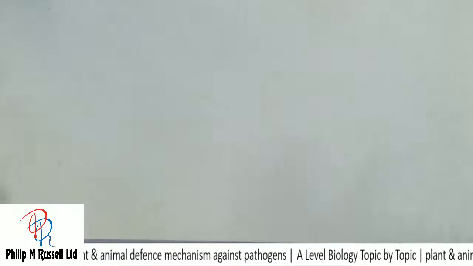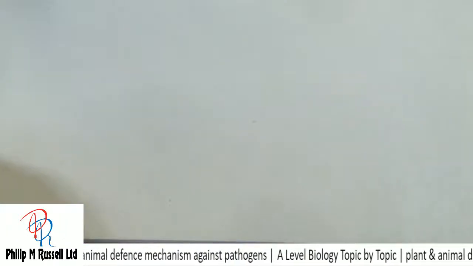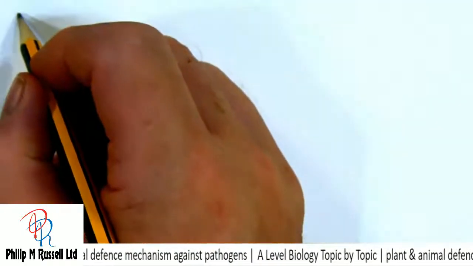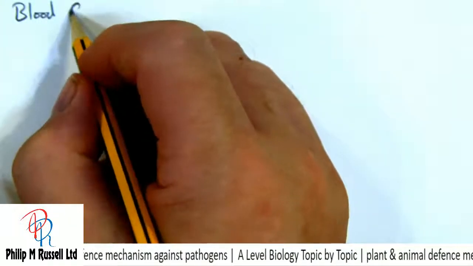Other things we've talked about are fever and phagocytosis. We can also look at the blood cell count.